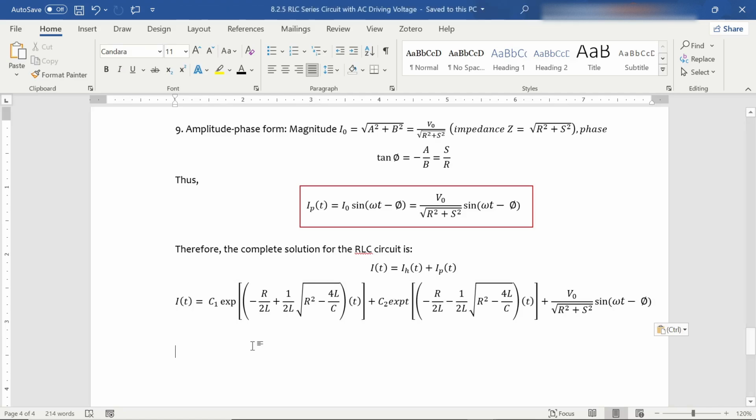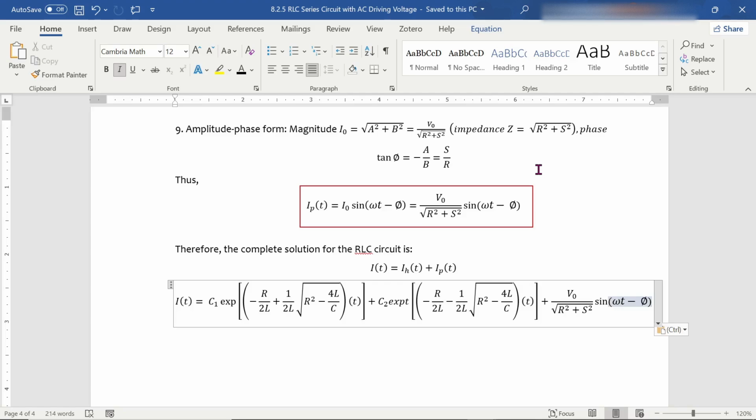With our voltage given by V naught sine of omega t, the physical interpretation is that the steady state current oscillates at the driving frequency omega, but lags by the phase angle phi depending on the reactance S. If inductive, that is S greater than 0, or S is positive, it leads the voltage.